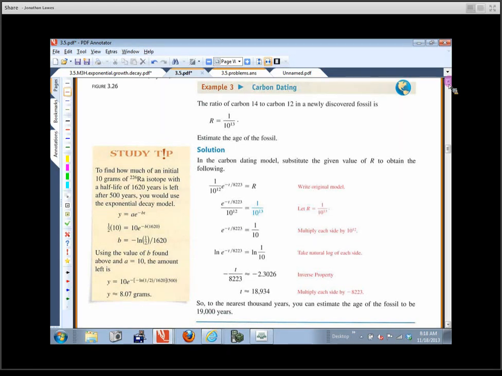All the solid living stuff is made out of carbon, and every living thing has carbon-14 in it. Carbon-14 is slightly radioactive, and it decays into some non-harmful substance. In fact, carbon-14 isn't even harmful, but it is slightly radioactive, and it takes a long time for it to decay.